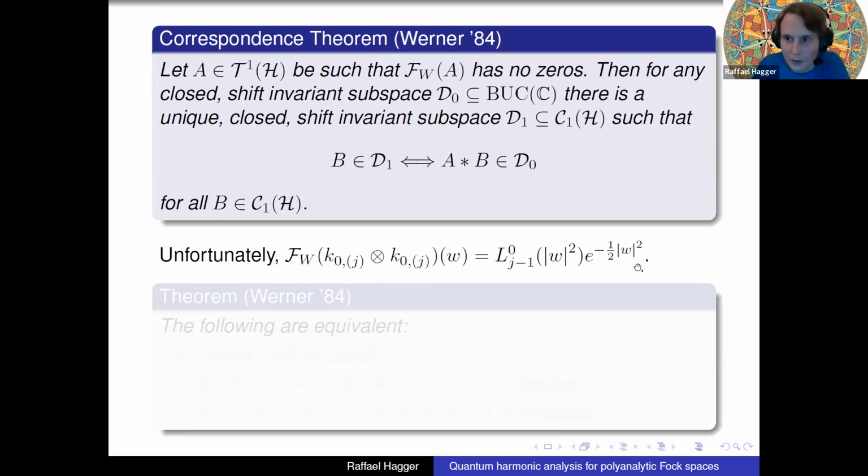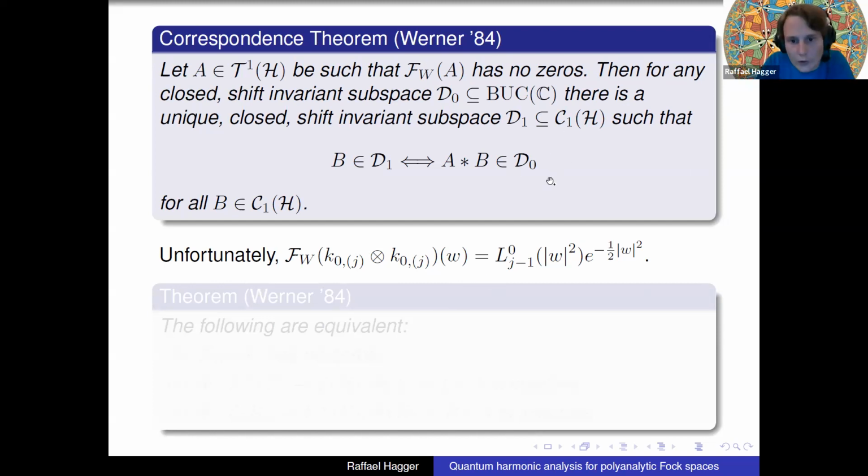And that's bad because polynomials have zeros, right? So you actually cannot apply the theorem directly because, if you take for A this operator, you get an operator for which the Fourier transform has zeros, so it's not applicable.